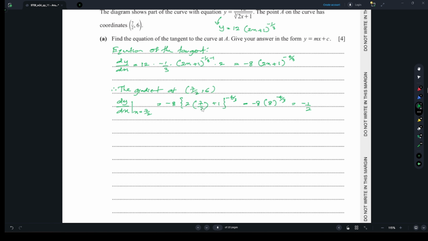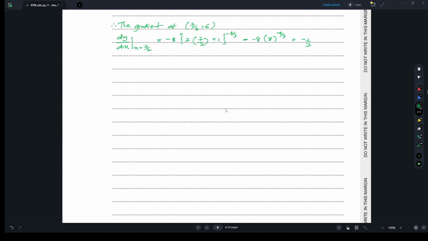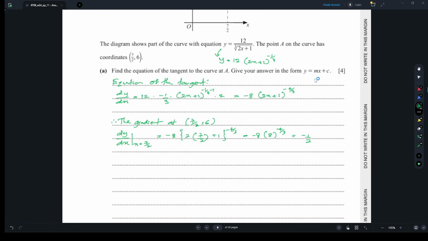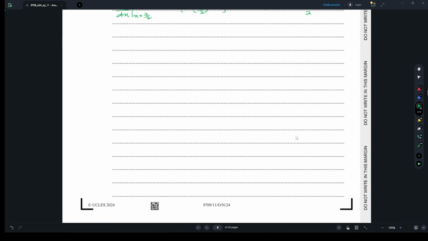So minus half. Okay. Then, they say that for the equation of the gradient, we have to take y equals mx plus c.